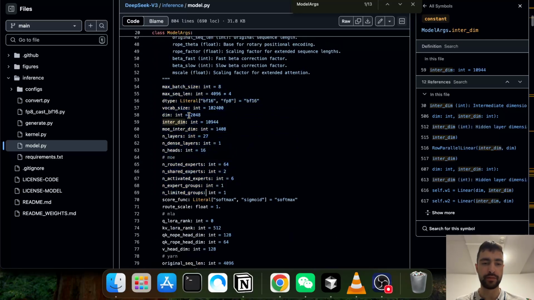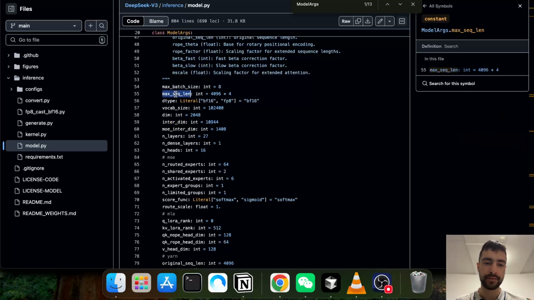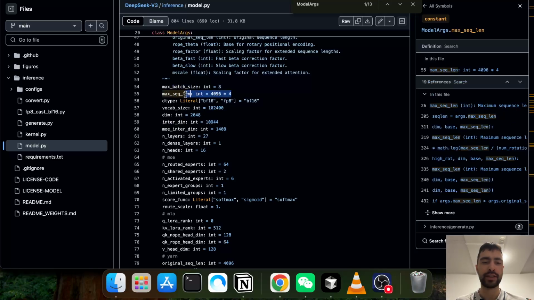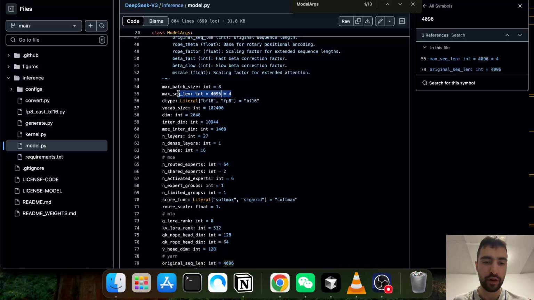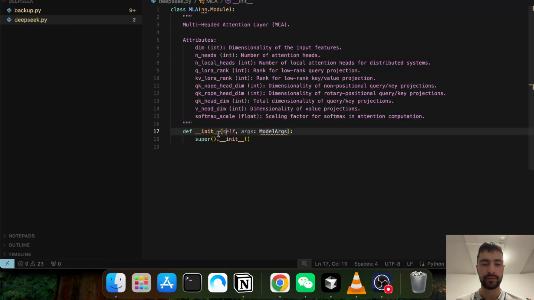For example, batch size, the number of independent sentences you want to process at once, and sequence length, which is the maximum context window, etc. We will get all of these into this init, and call super init to initialize the super class, the nn module init.